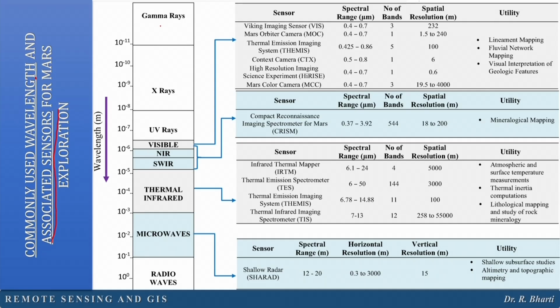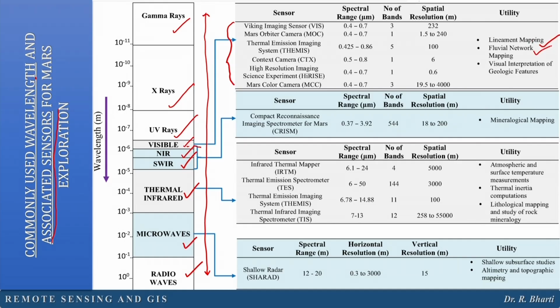This is the electromagnetic spectrum. Here we have gamma rays, X-rays, UV, visible, NIR, SWIR, thermal, microwave and radio waves. This particular section is connected with the visible, and it is used for lineament mapping, fluvial network mapping and visual interpretation of geological features.